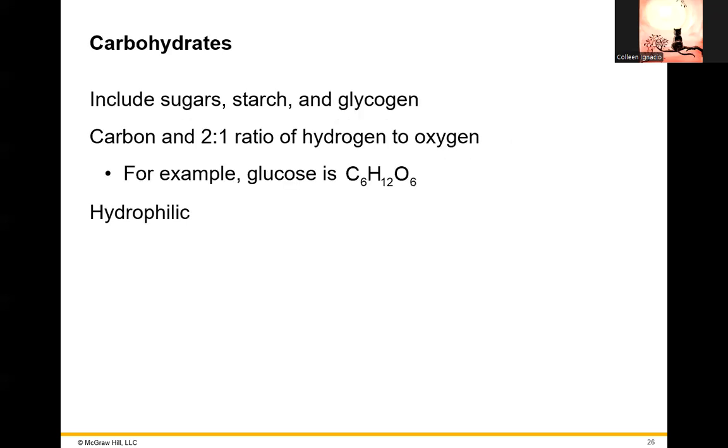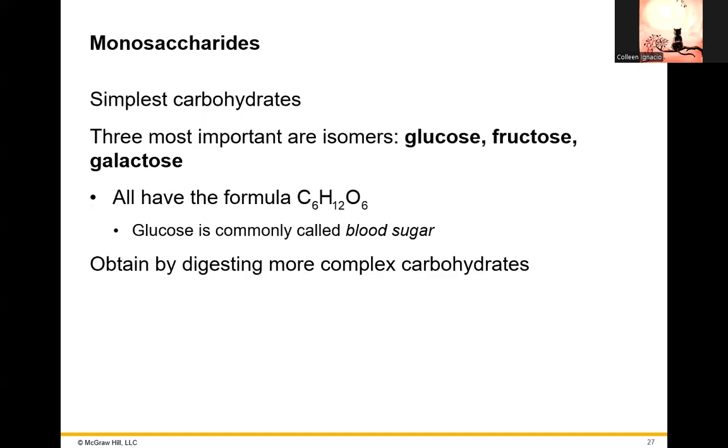Okay, so speaking of carbohydrates, carbohydrates include starches, sugars, and glycogen. And this is an example of the formula for glucose. So for every glucose molecule, there's 6 carbon, there's 12 hydrogen, and 6 oxygen. Okay, now your carbohydrates are hydrophilic. That means they are water loving.